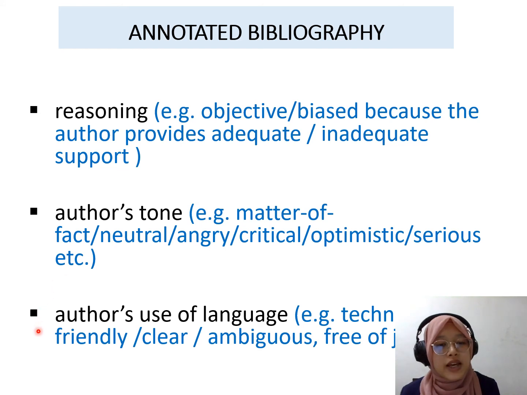Next, what you can see for a critical response is the author's use of language. Articles sometimes use technical words. When the author uses technical words, it could be not reader friendly, meaning it's difficult for you as a reader to read and understand, and you can say something about that in your annotated bibliography.